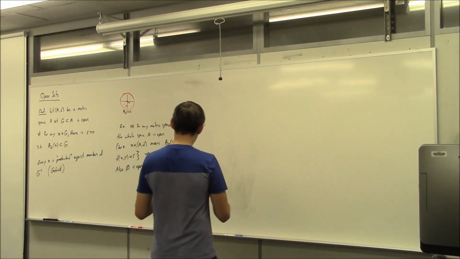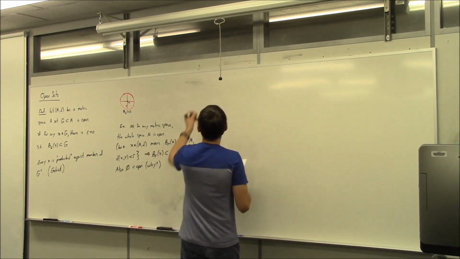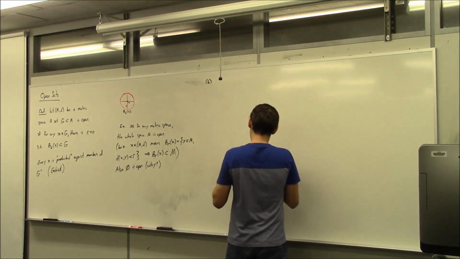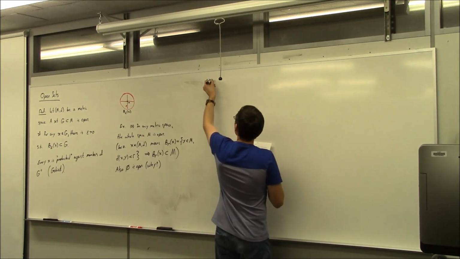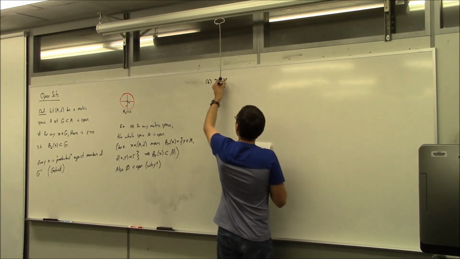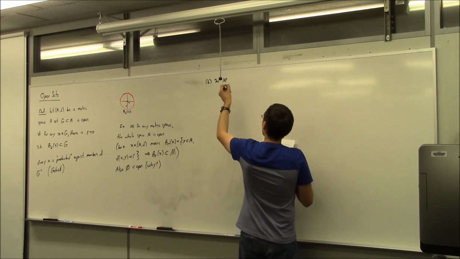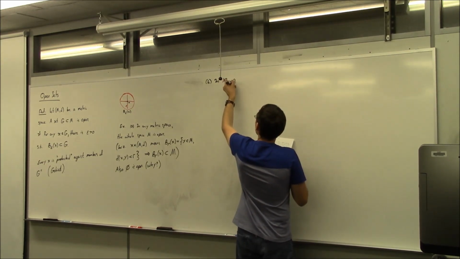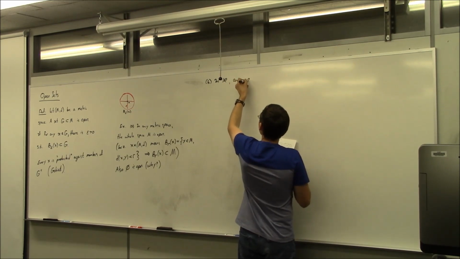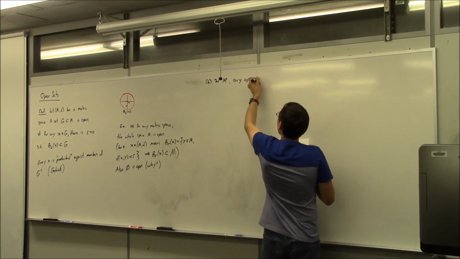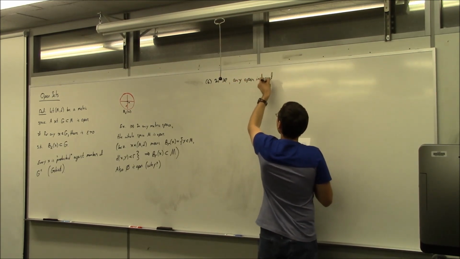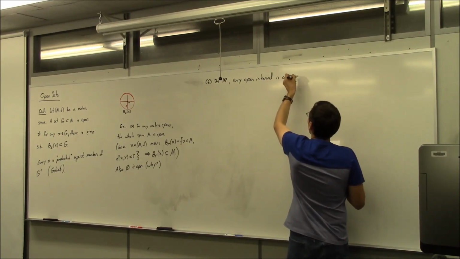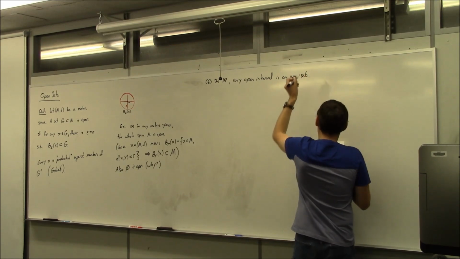Okay, so now example B. In R, any open interval is an open set.